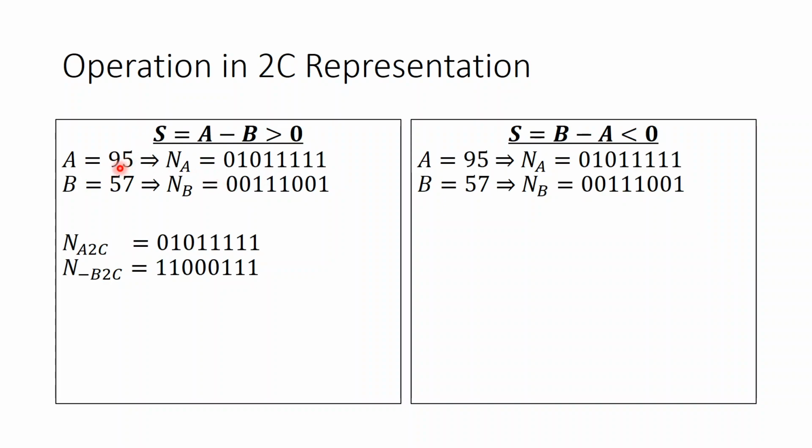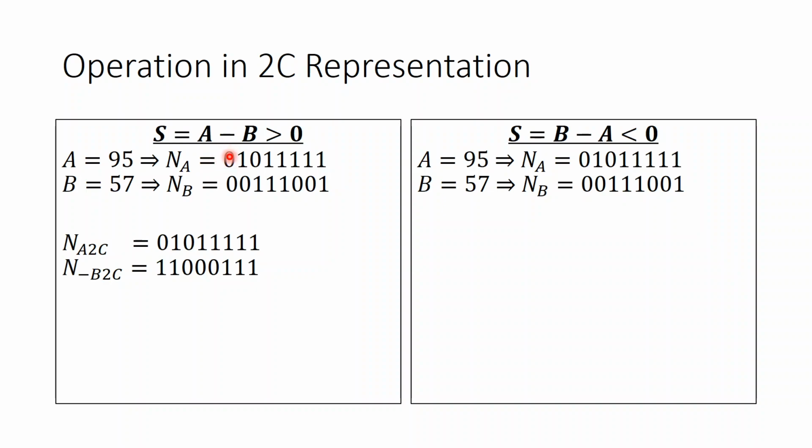Why? Because the quantity 95 can be represented using 7 bits, the magnitude can be represented using 7 bits. So we must have an 8th bit in order to represent the sign. It could be more than 8 also, but we are limiting it to 8.